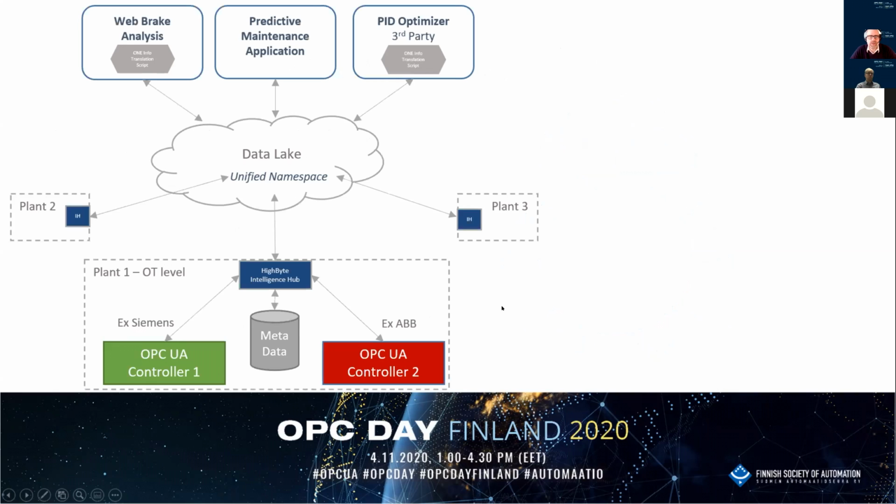So this is an example of how you could do it. It's basically to use different edge devices that can combine this information and send a unified namespace to the data lake.